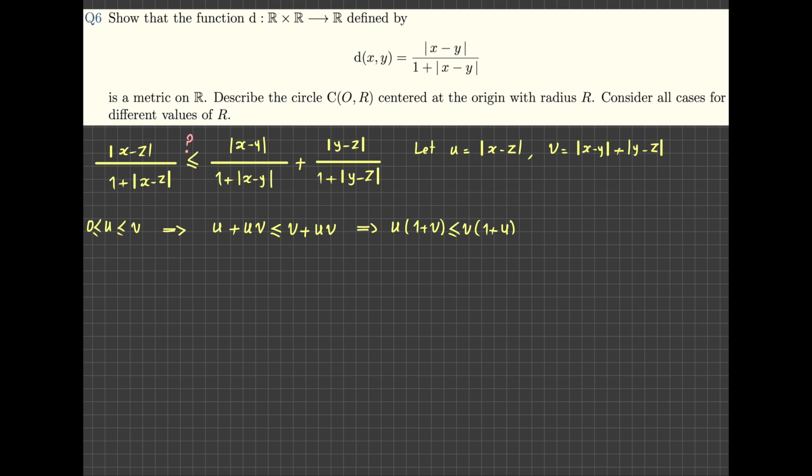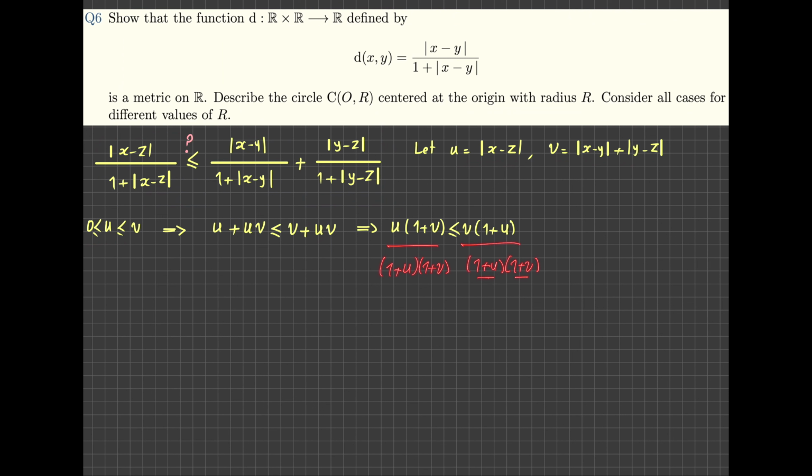Okay, and then what I do, I divide both sides by this combination. I want to do that, and this is possible because u and v are non-negative, so when I add 1 to them, this product is positive. So I'm not worried about dividing by a negative number or something like that. Okay, so when I divide, this one and that one are gone.